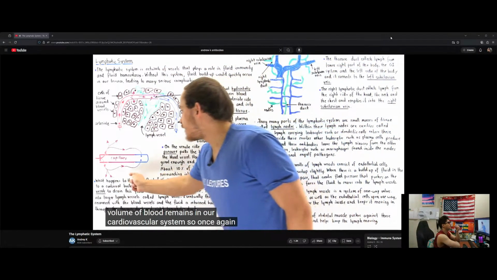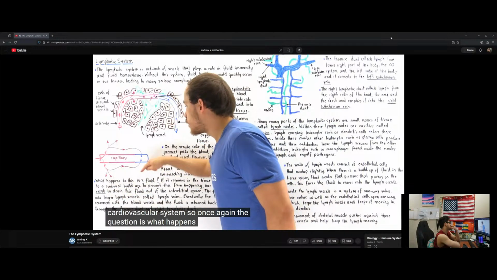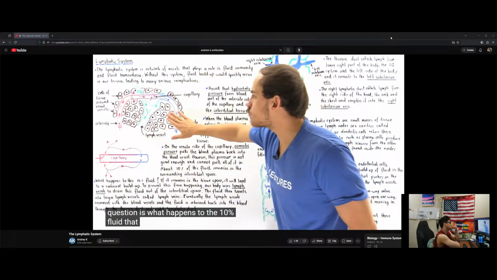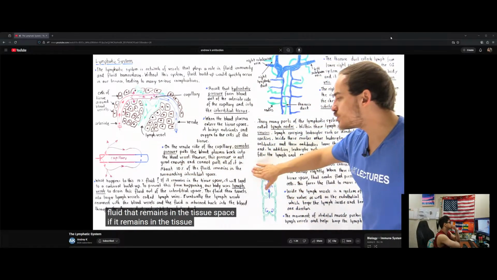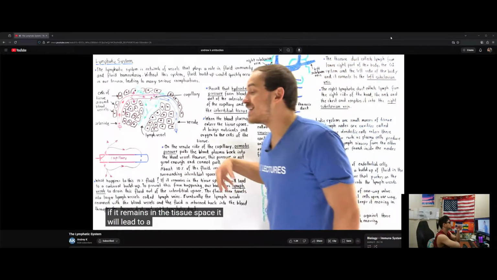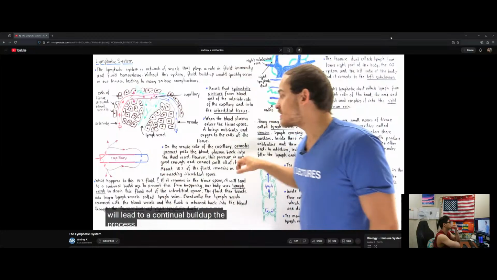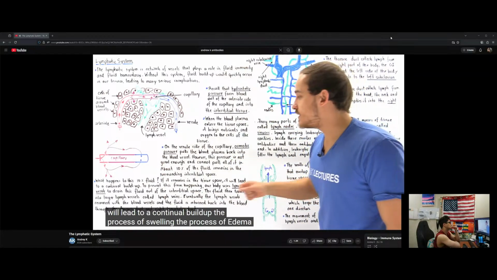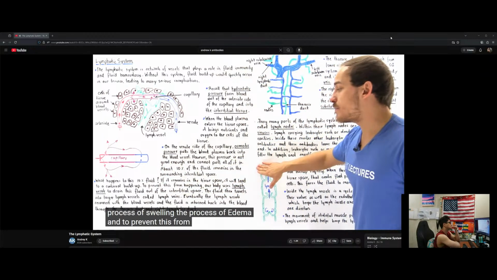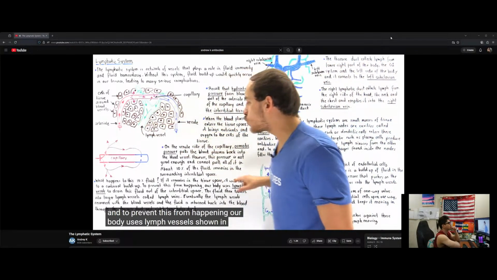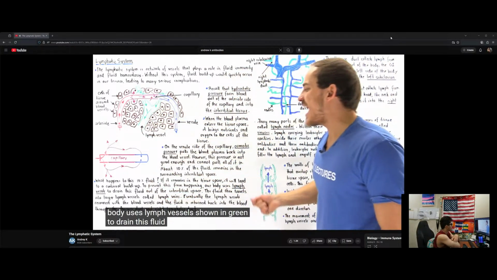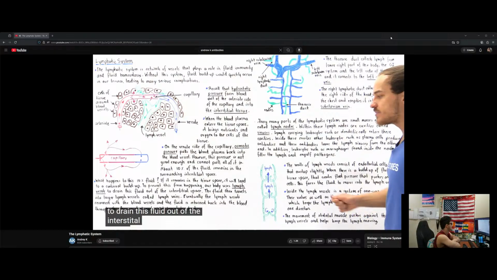So once again, the question is, what happens to the 10% fluid that remains in the tissue space? If it remains in the tissue space, it will lead to a continual buildup, the process of swelling, the process of edema. And to prevent this from happening, our body uses lymph vessels, shown in green, to drain this fluid out of the interstitial space.